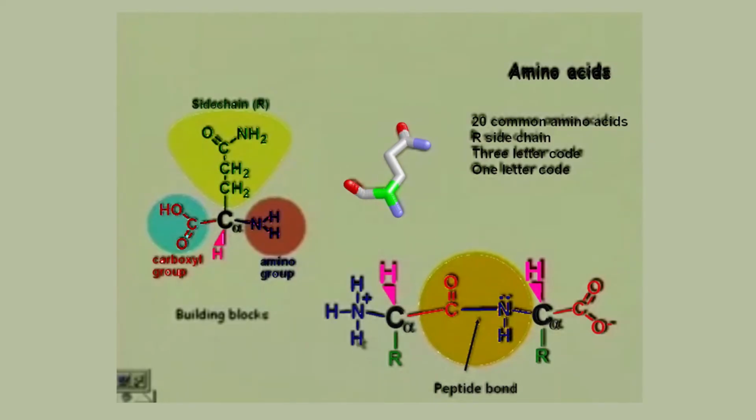Now, if you look at the representation that we have shown on the left here, this is not a zwitterionic representation, because the proton of the carboxylic group is still attached to it, and this is the NH2 group. In actual form, it would remain as NH3 plus and COO minus.